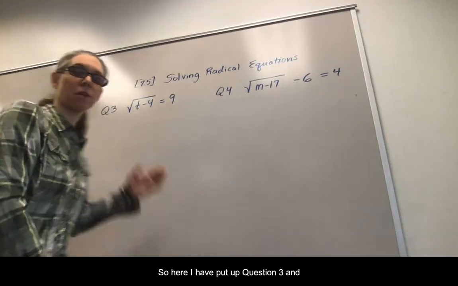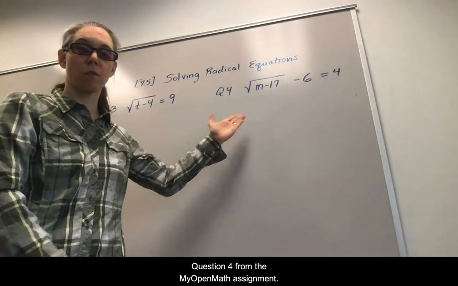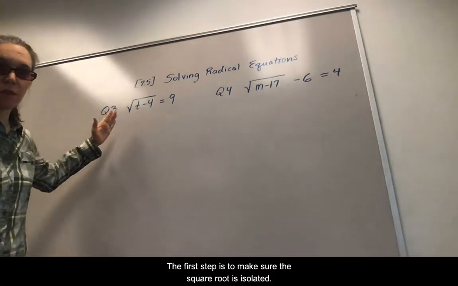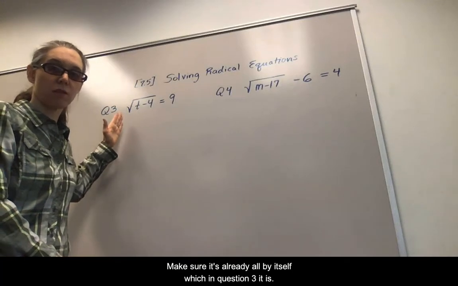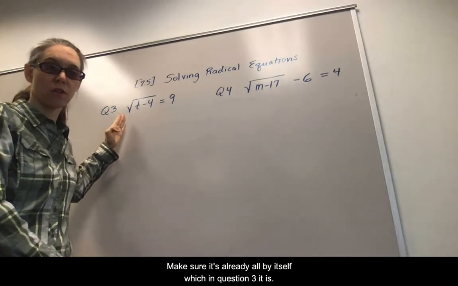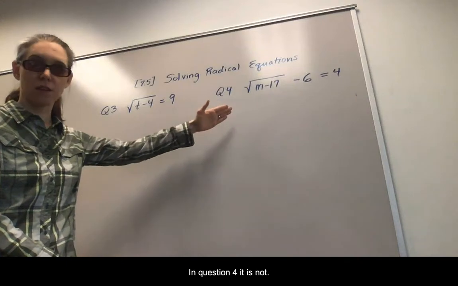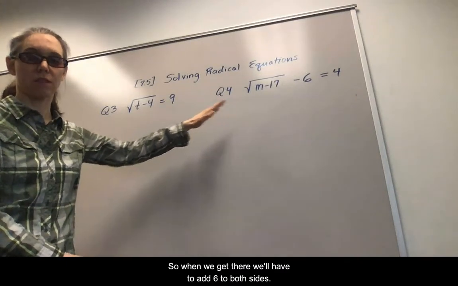So here I have put up question 3 and question 4 from the MyOpenMath assignment. The first step is to make sure the square root is isolated. Make sure it's already all by itself, which in question 3 it is. In question 4 it is not. So when we get there, we'll have to add 6 to both sides.